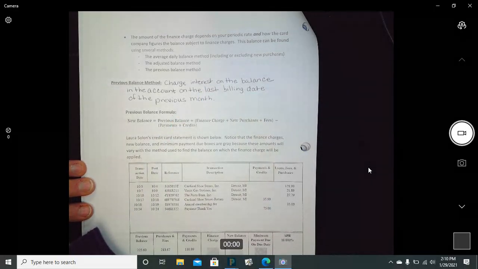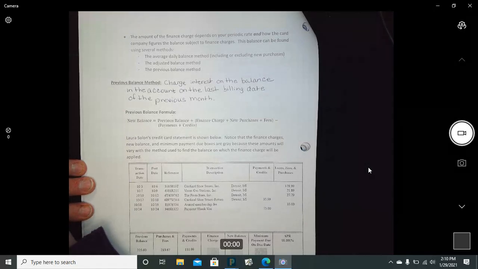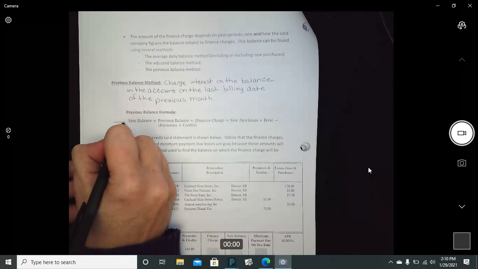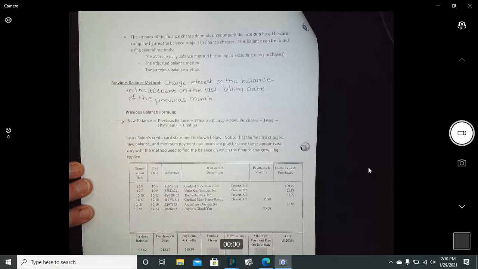So notice we have previous month. They're talking about the previous balance method. So here's the formula we're going to need to look at.